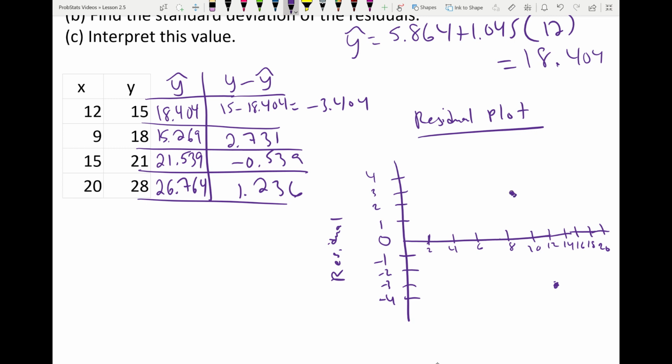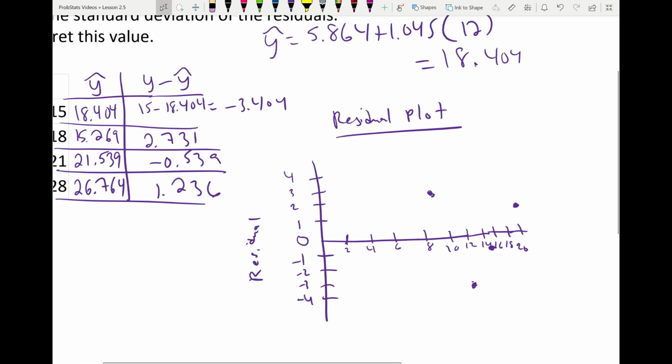It's around here. For x equals 15, we have a residual of negative 0.539. It's around here. And then for an x value of 20, we have a residual of 1.236. So around here. So that's our residual plot.